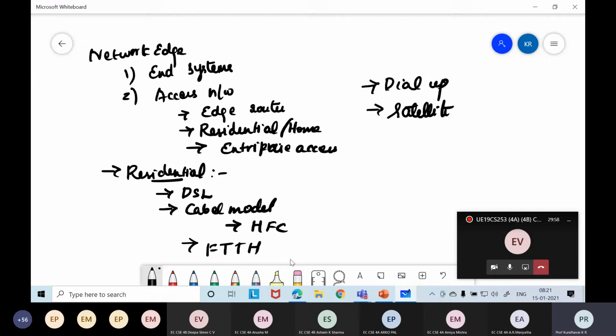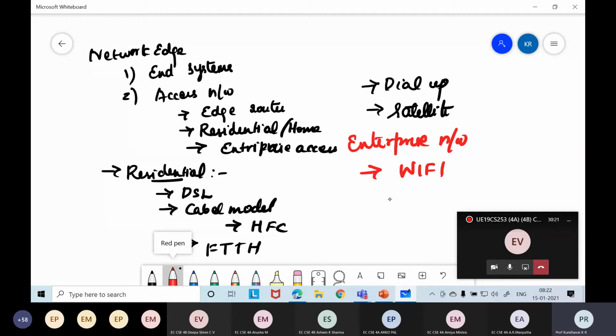Then what we saw about enterprise. Enterprise takes both Wi-Fi and Ethernet. When I talk about enterprise networks, it's about both wired and wireless.